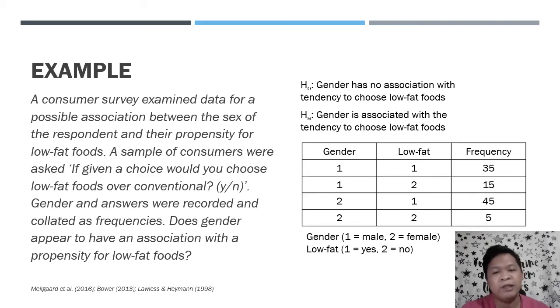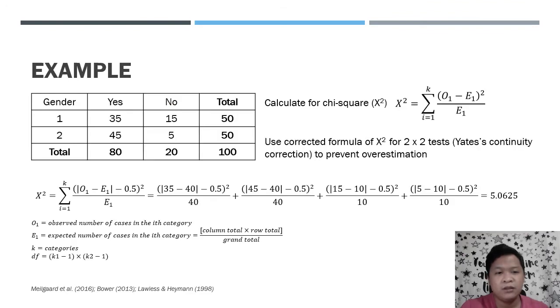So again, you tabulate the information, the frequency for each of the combinations. So for example, here, males preferring low-fat food, males not preferring low-fat food, females preferring low-fat food, and females not preferring low-fat food. So as you can see here, the chi-square test compares the observed versus expected frequencies as usual.